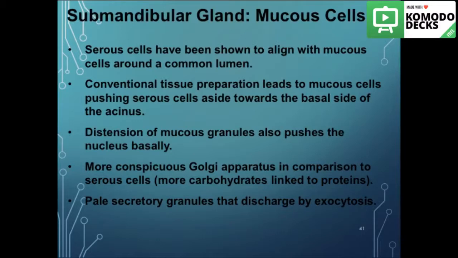In comparison to the serous cells, we have more carbohydrates linked to the proteins. The Golgi complex is responsible for the glycosylation of the proteins that are produced from the endoplasmic reticulum, leading to the formation of mucus or mucigen granules. The pale secretory granules are discharged by exocytosis.